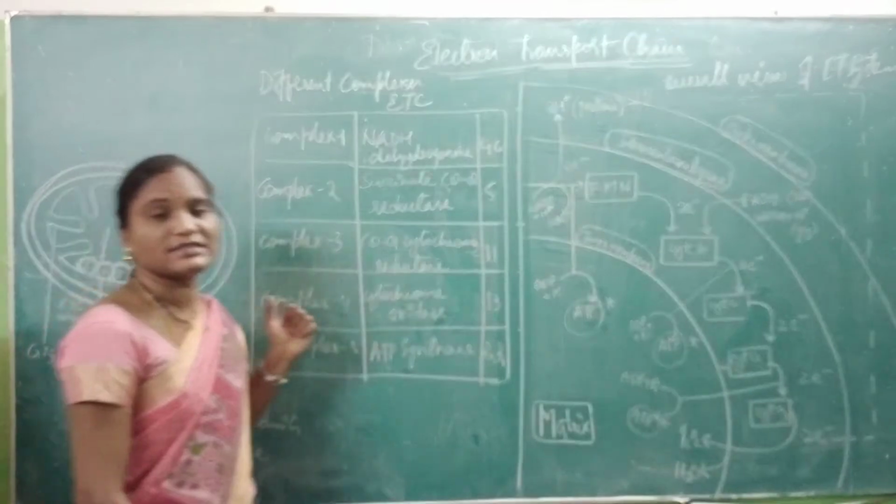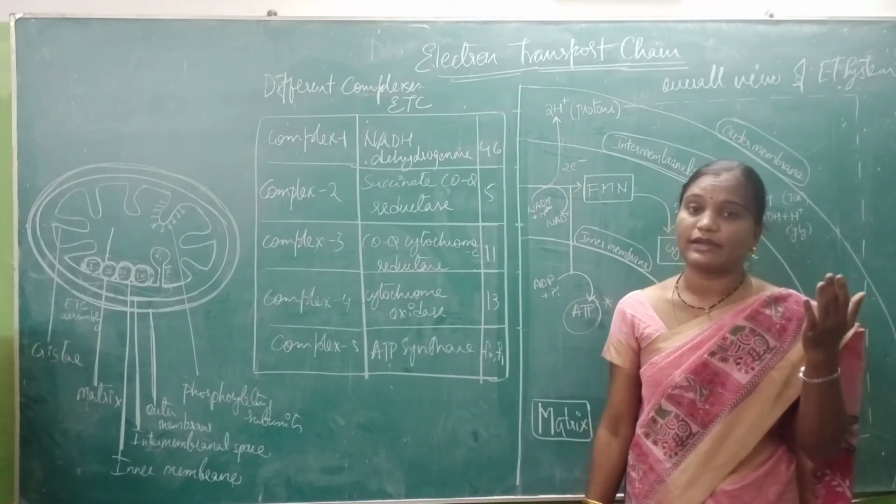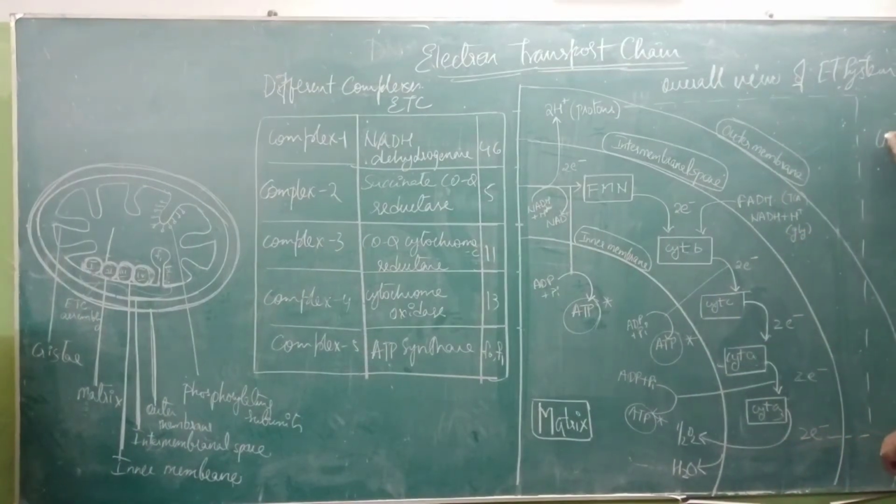There are different substances which are utilized for electrons to be transferred from one substance to another, like cytochromes, iron-sulfur cluster proteins, coenzyme Q, and FMN, flavin mononucleotide, and NAD, that is NADH.